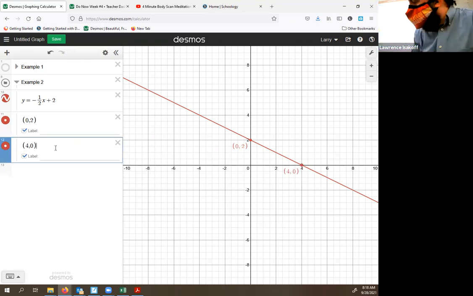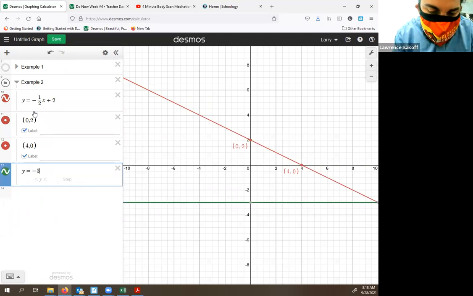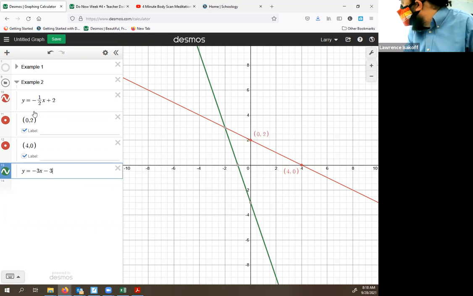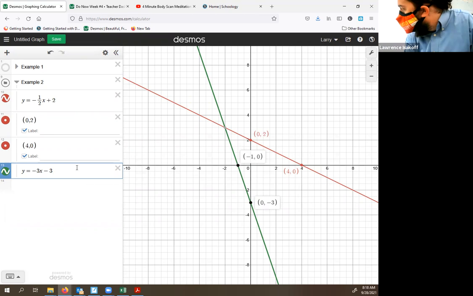Now I want the second equation graphed. So that was y equals -3x minus 3. Okay, critical points here, (0, -3). I also have (-1, 0).